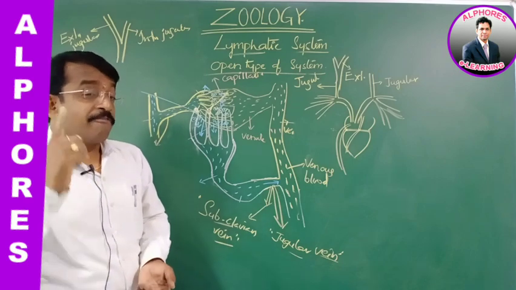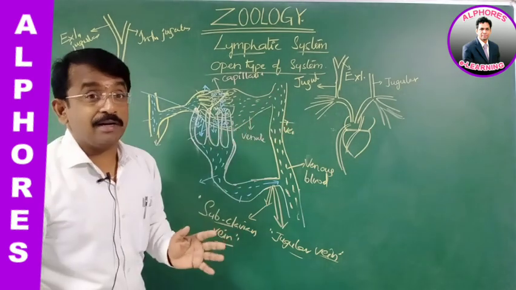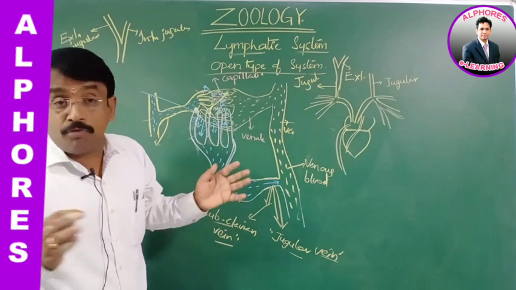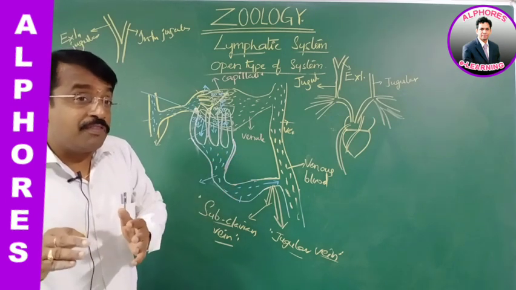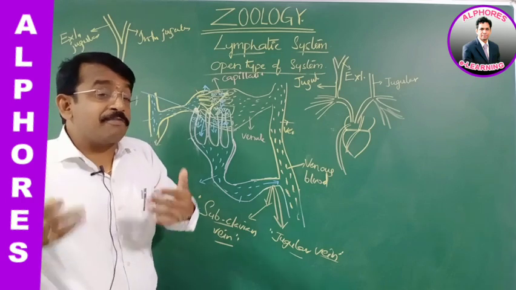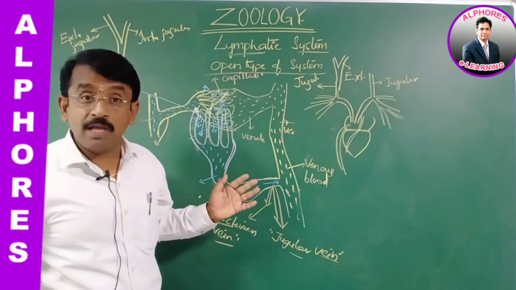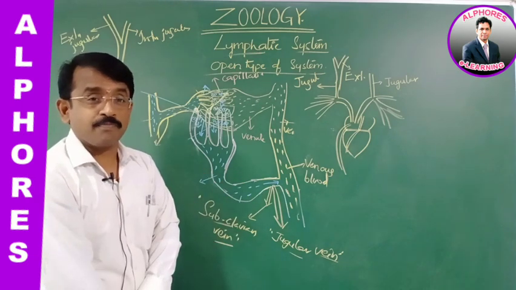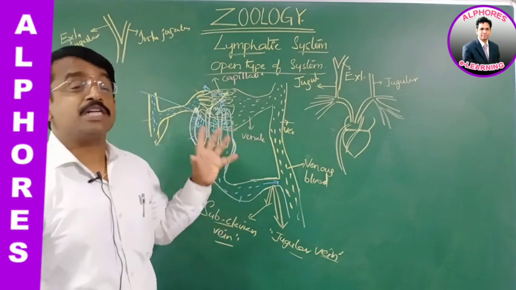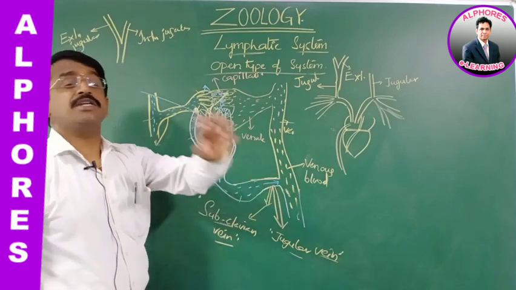The second point is that fat cannot enter into the blood. So, don't we need the fat? Definitely. Does the fat remain left at the tissues? No. In order to carry such fat, this is the passage. That's why it is named the accessory route.